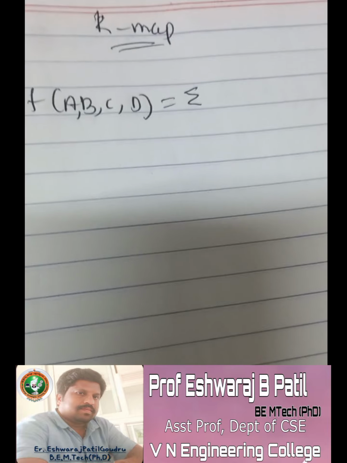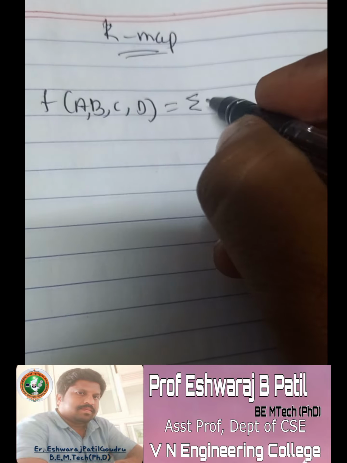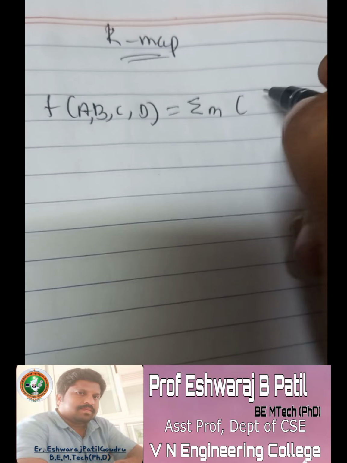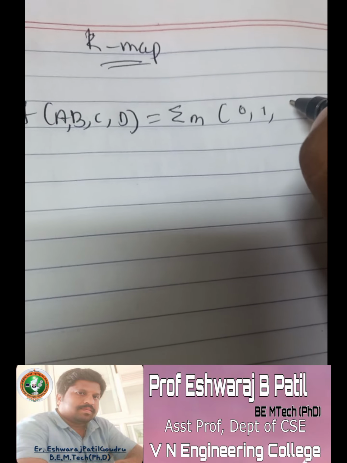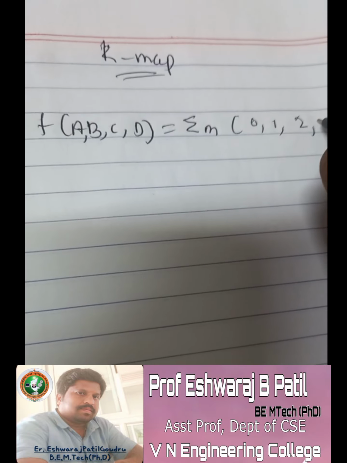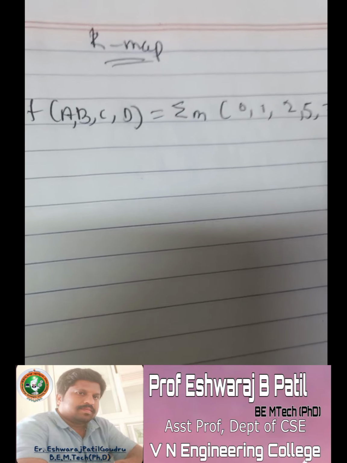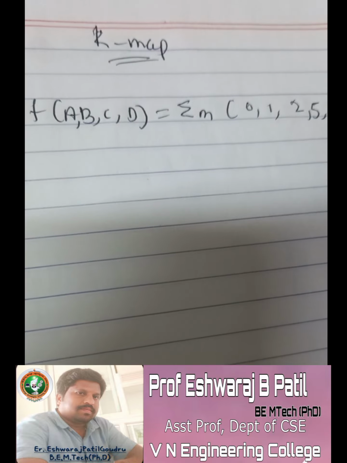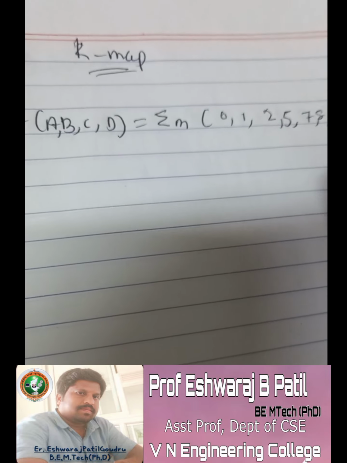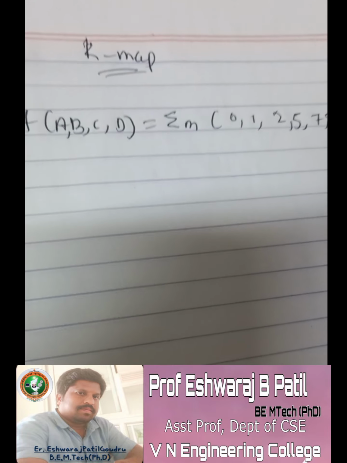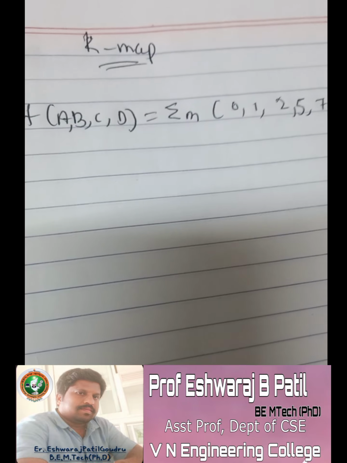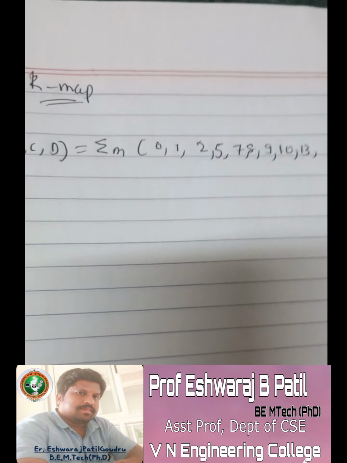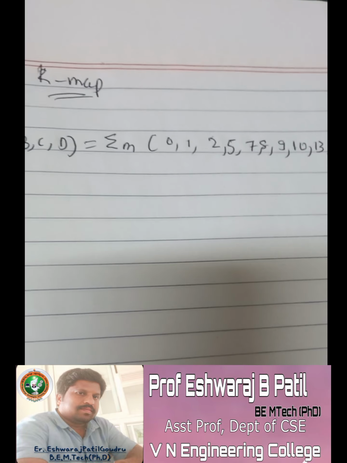SOP means sum of products, having the minterms 0, 1, 2, 5, 7, then 8, 9, 10, 13 and 15. These are the minterms given to simplify the Boolean expression using the K-map.